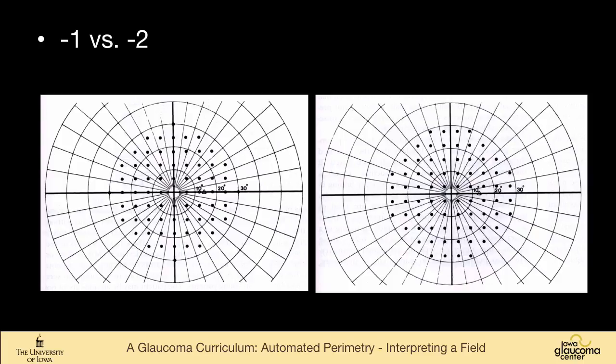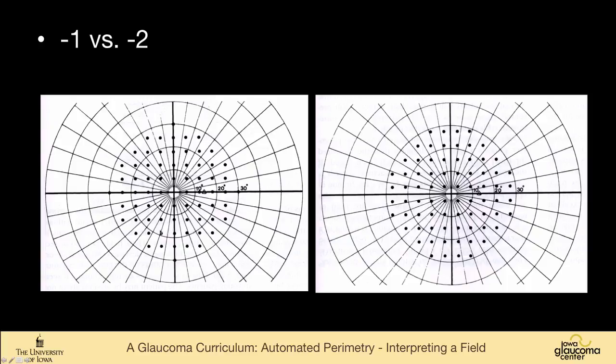So 24-2 means that we're using a -2 strategy. So this is the -1, and this is the original, on the original Octopus unit, where there are test points along the horizontal, test points along the vertical, and then every 6 degrees going out.